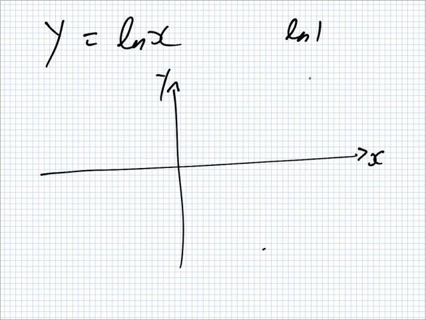E to what power makes 1? 0. So it means here, at x is 1, I cross the x-axis. Okay? In fact, if you were to calculate some values, you'd discover the graph goes like this. It actually looks like it's leveling off as you increase here.